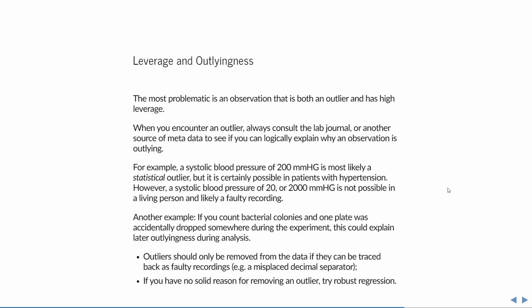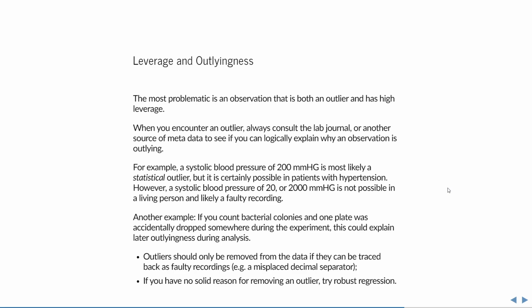When you do encounter an outlier, you should always consult your lab journal or some other source of metadata to see if you can logically explain why an observation is outlying. For example, a systolic blood pressure of 200 millimeters of mercury is most likely, statistically speaking, an outlier, and you'll see it in the plot.